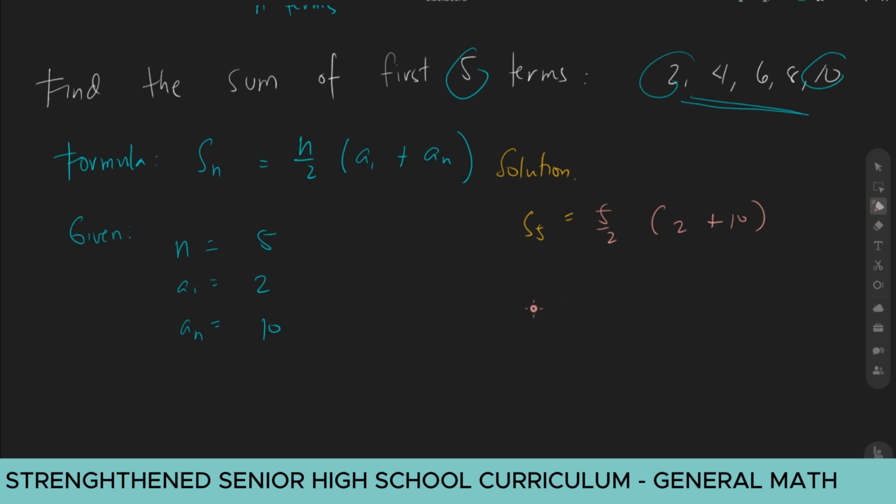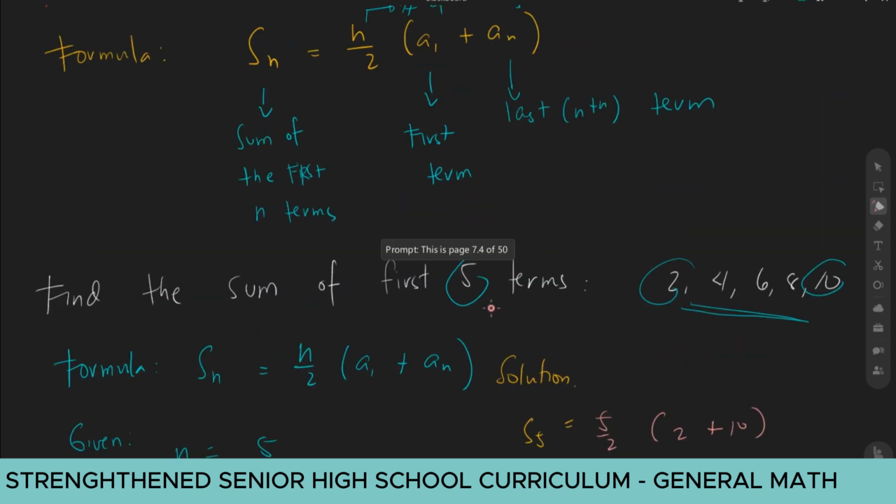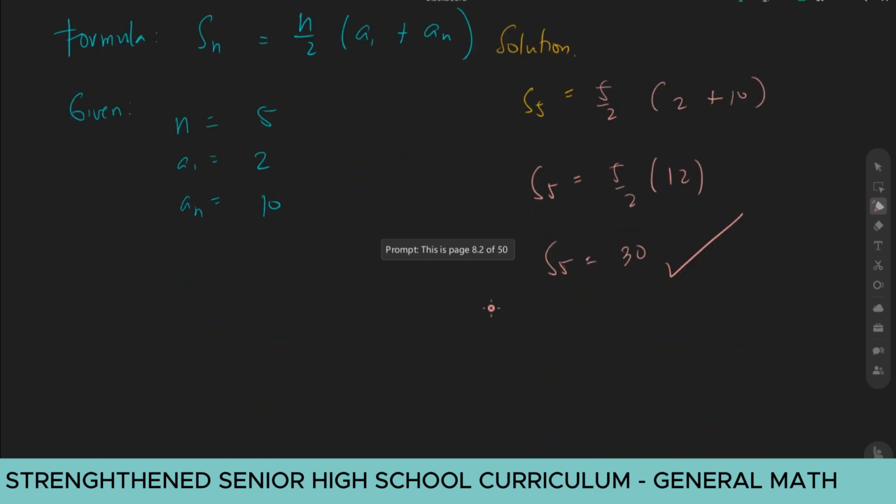So 5 over 2 times 12. The answer is 30. Okay, moving on, that is the arithmetic series.